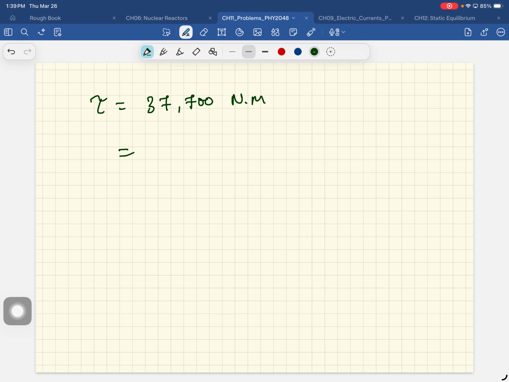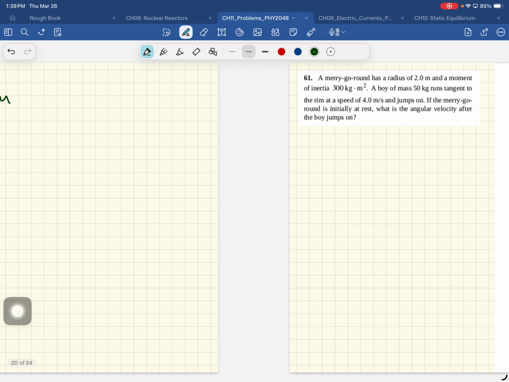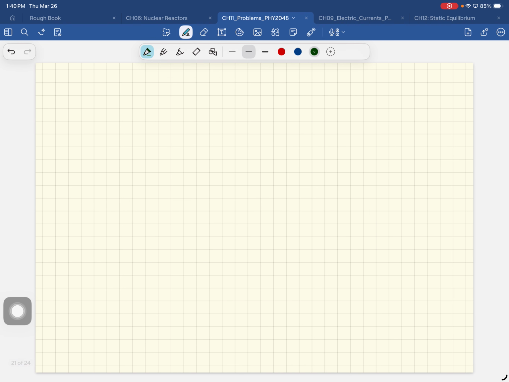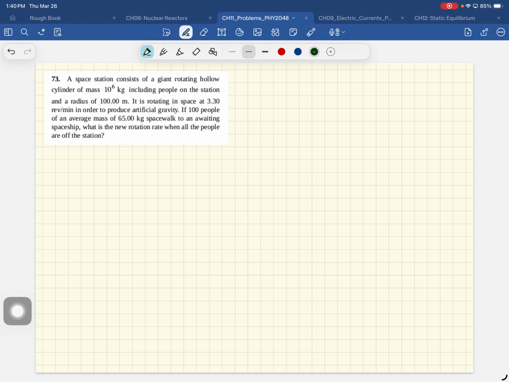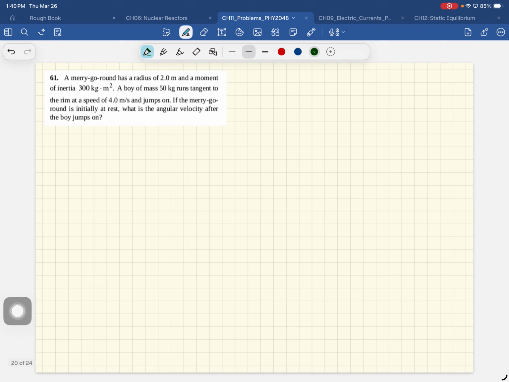So this is 0 plus 50 kg times 4 meters per second times 2 meters. So 400 kg meter square per second.